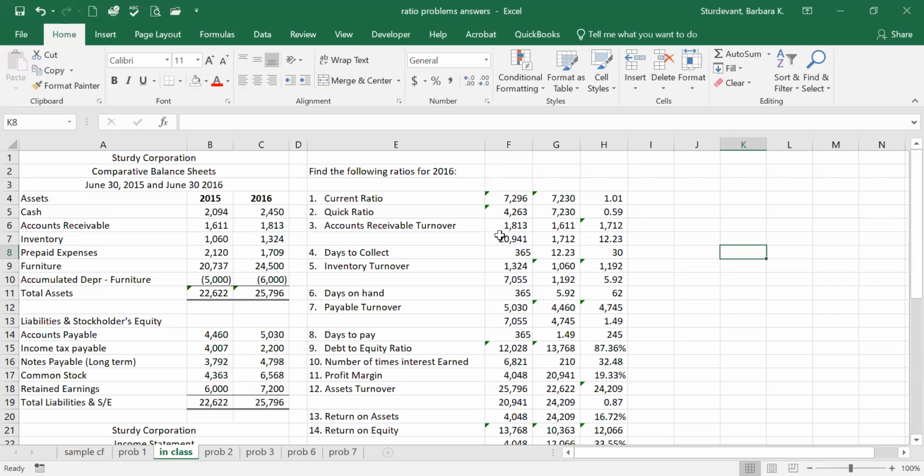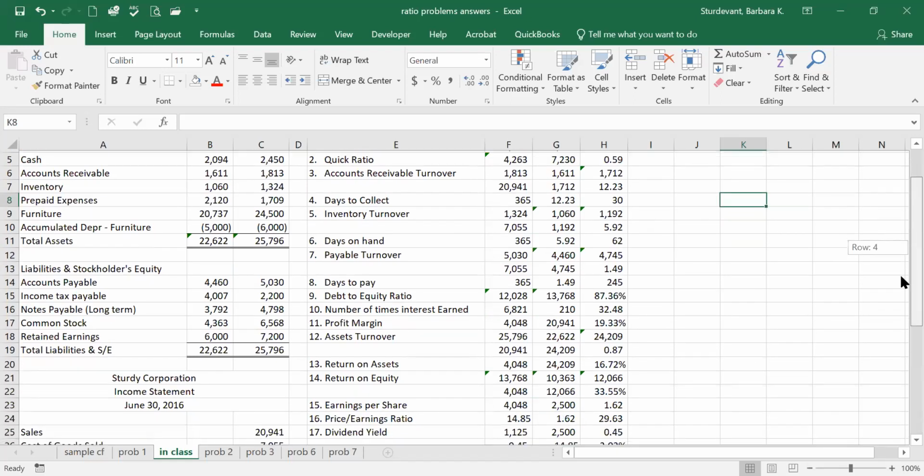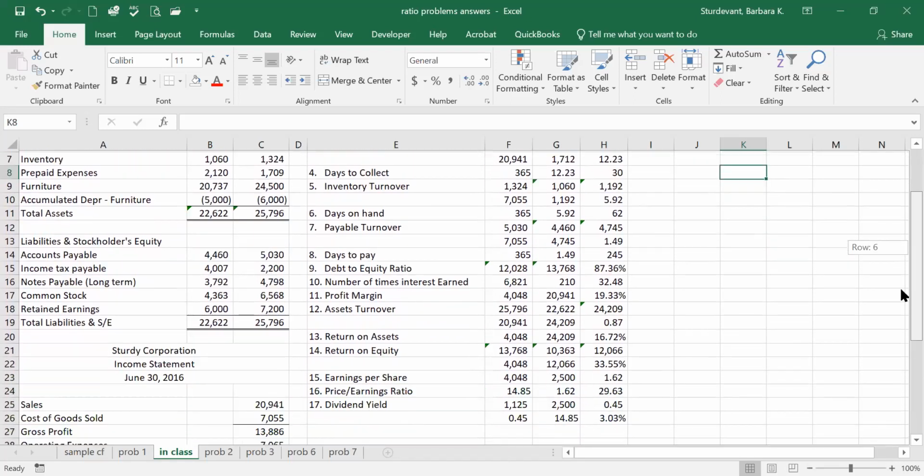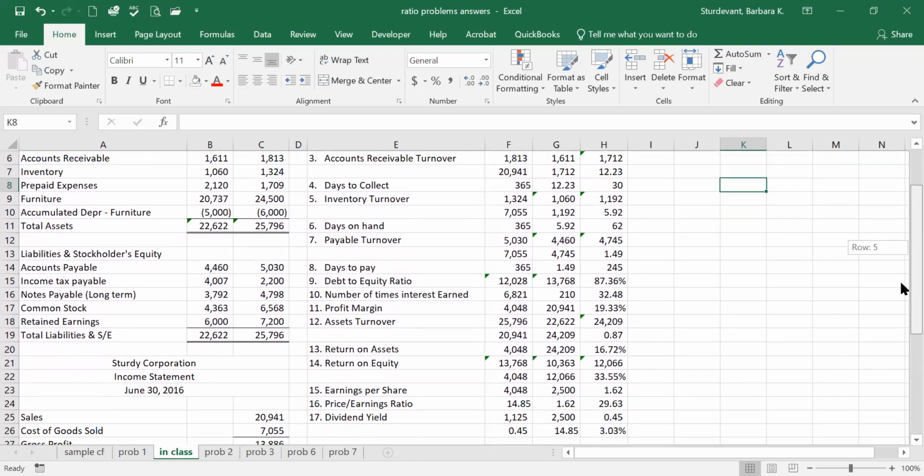So top number is accounts receivable. Okay, came right from there. Our bottom number, okay, our bottom number comes from down here.